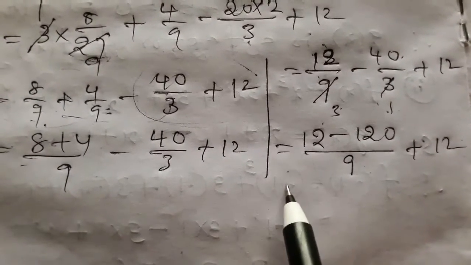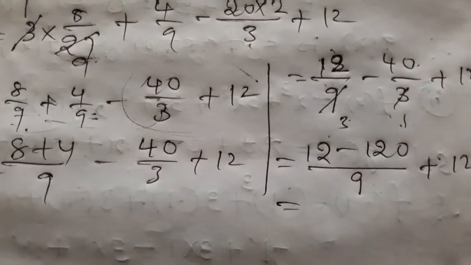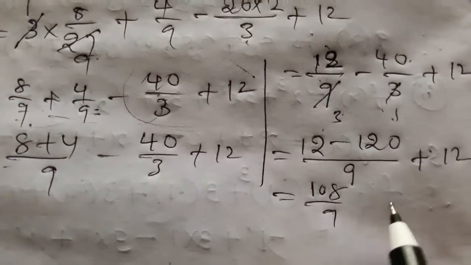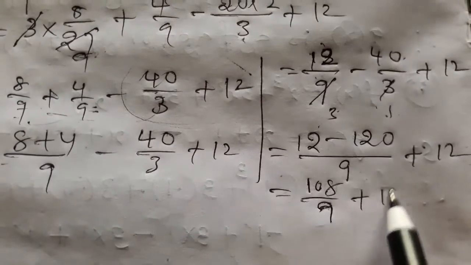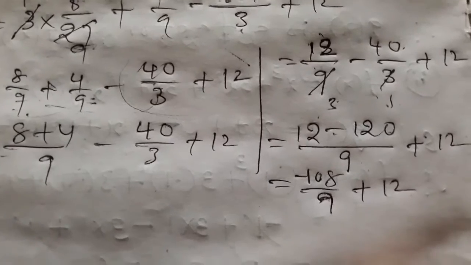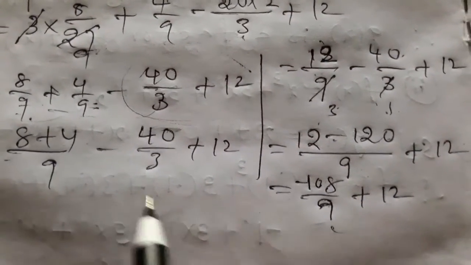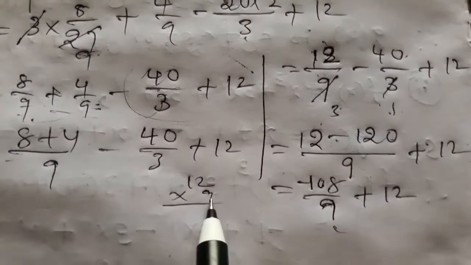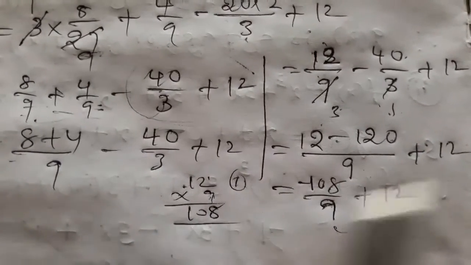Now this is equal to 120 minus 12, which becomes 108 by 9. 108 by 9 plus 12, but the bigger value has a negative, so put a negative sign, isn't it? So 12 nines is also 108.